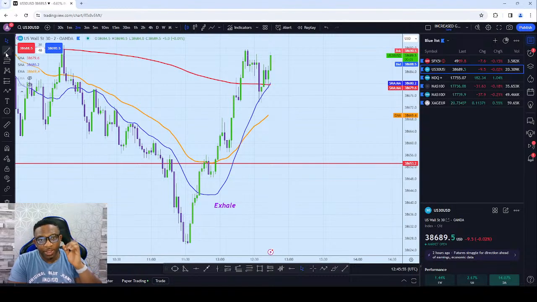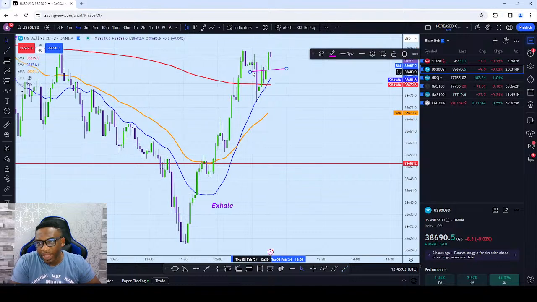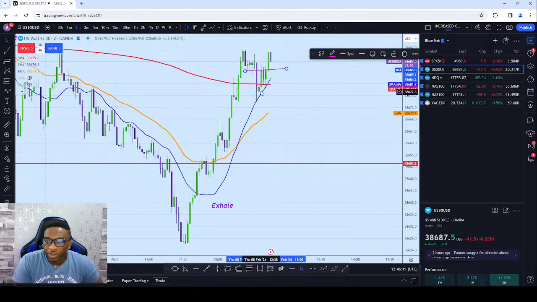So looking at this technically, we could have gotten in right here when price took out the high of the last purple candle. That's where we could have gotten in. So now it is at this area where it came before and then turned round.